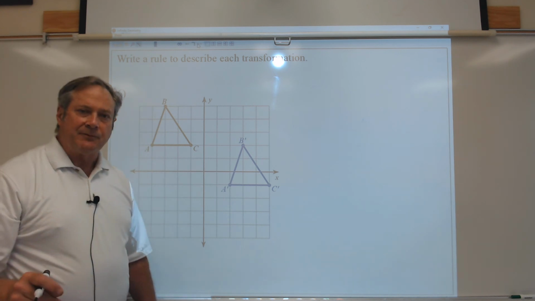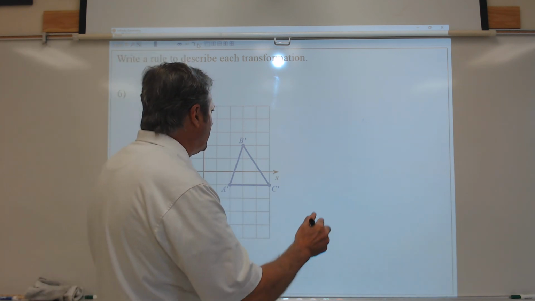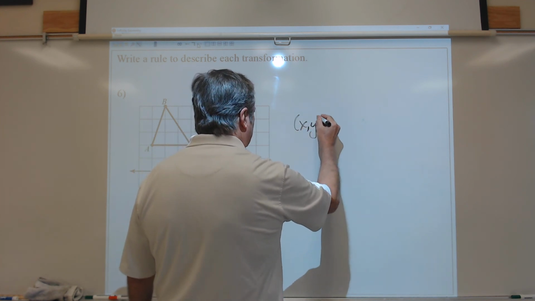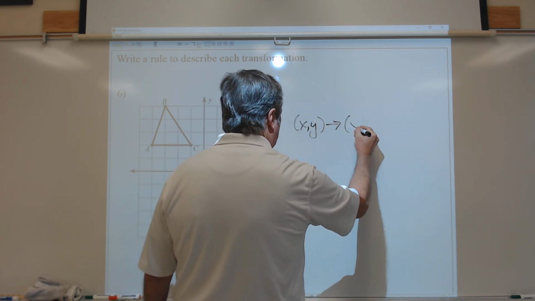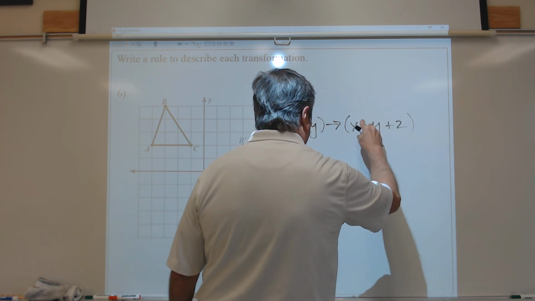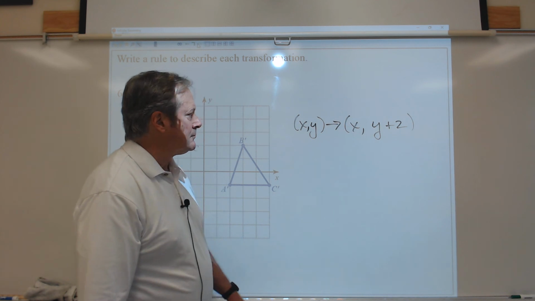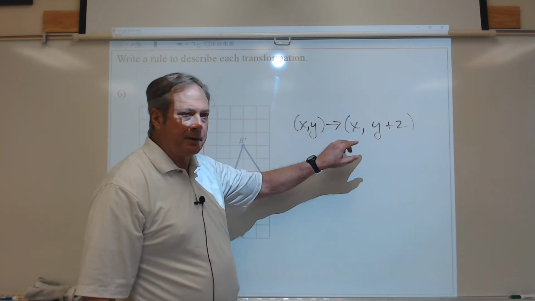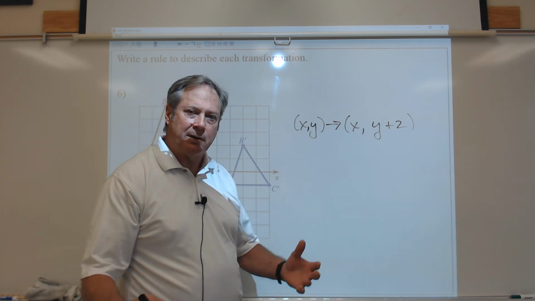Now, before I forget, there is one exception I'd like you to think through. Let's say you've got a translation rule that looks like this, where there is no other number with that particular x. What does that mean?